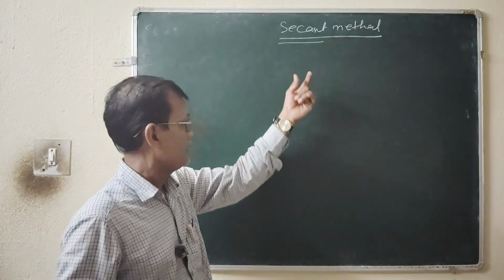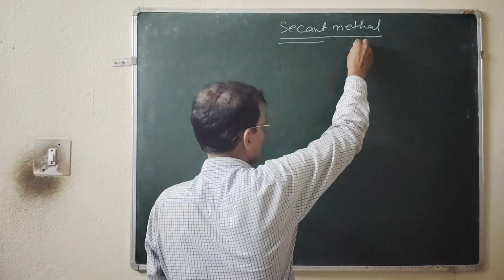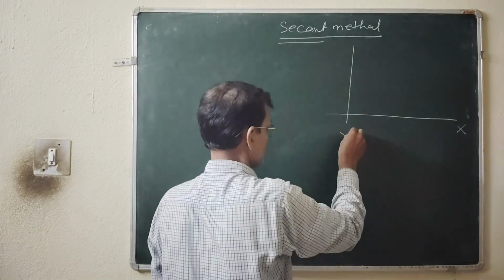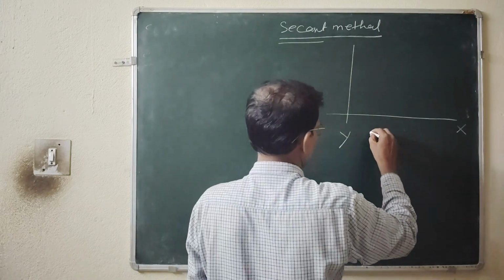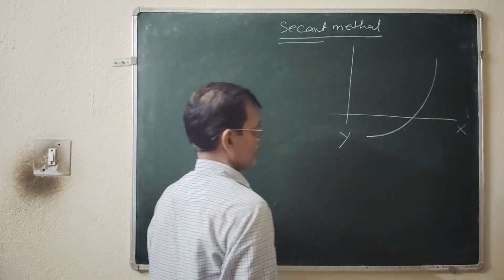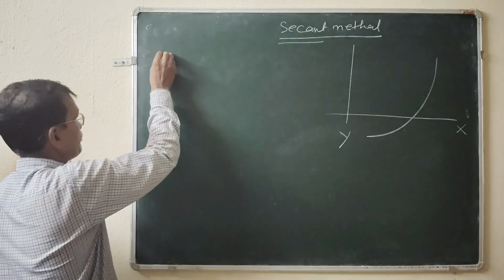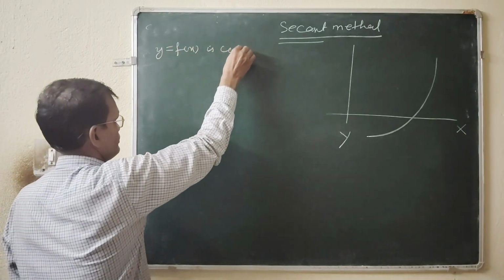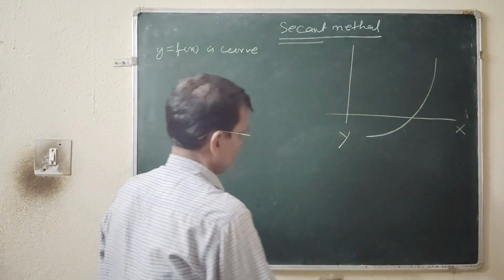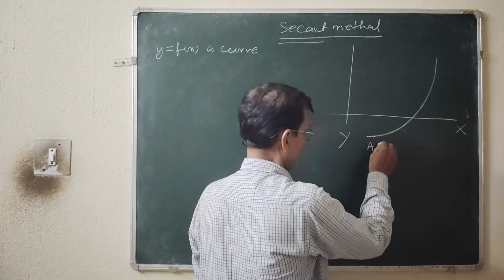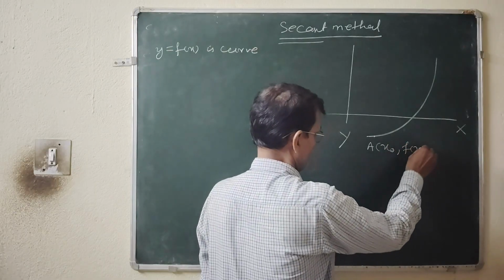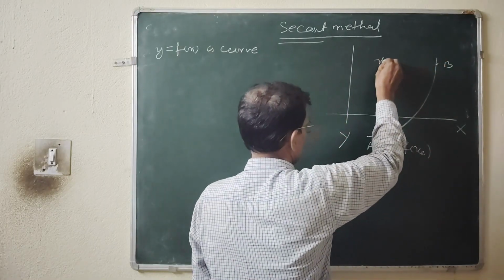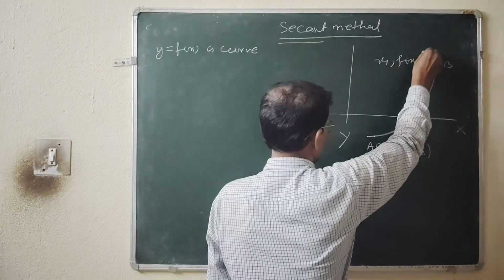Now let us prove the formula for this secant method. Consider the x-axis and y-axis, and consider a curve like this, y equal to f(x). On this curve, A is a point with coordinates (x0, f(x0)) and B is a point with coordinates (x1, f(x1)).